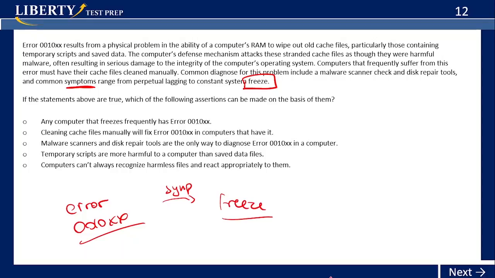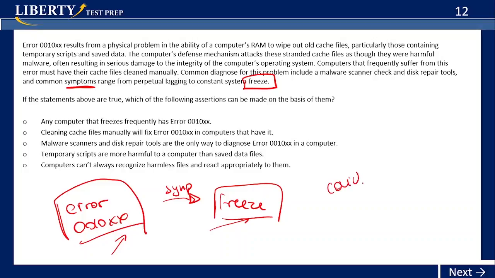Okay, now does it mean that every computer that has this error must freeze? I mean, if you don't have the symptom, you don't have the error? Is it like that with symptoms? What is a symptom? Let's say you have COVID. One of the symptoms is an upset stomach. But if you don't have an upset stomach, that means you don't have COVID.